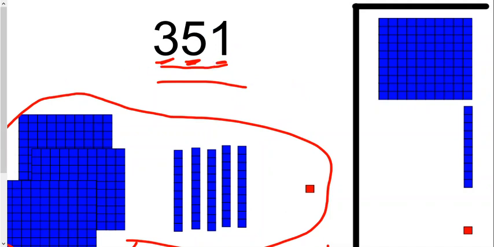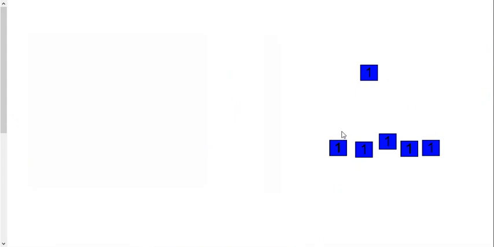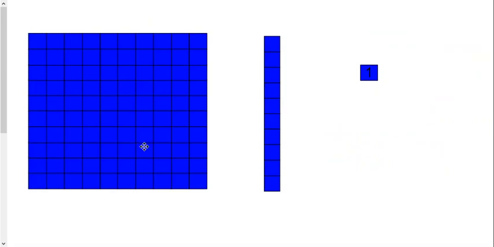Now the important thing to think about, if we go back here for a minute and look at the place values that we started by looking at, I'll get them visible again, the hundreds, tens, and ones, these are not the only 3 place values that we have.